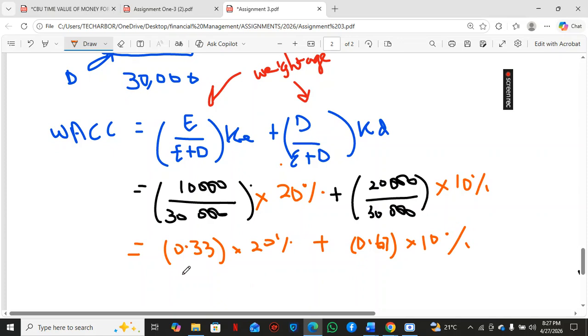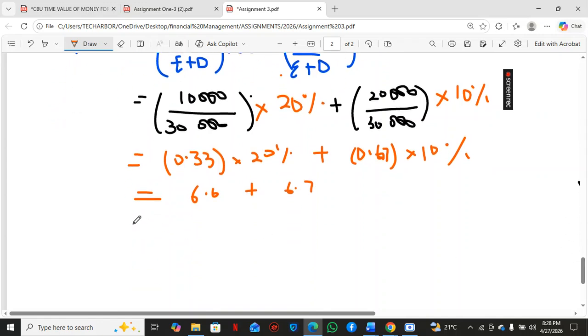So you're going to say 0.33 multiplied by 20, you get 6.6, plus 0.67 multiplied by 10, you get 6.7.